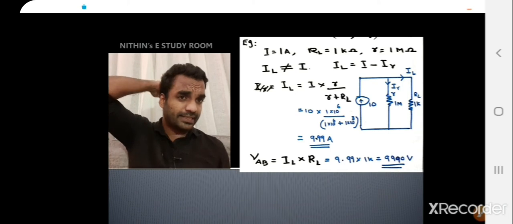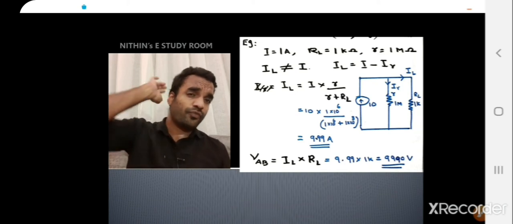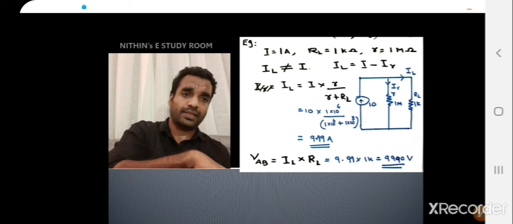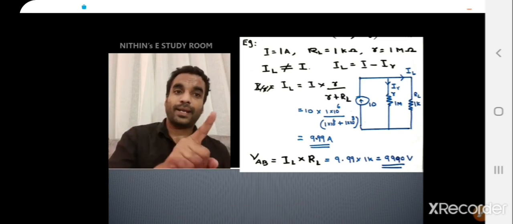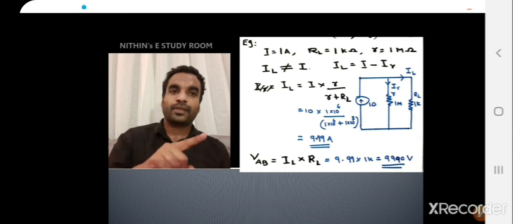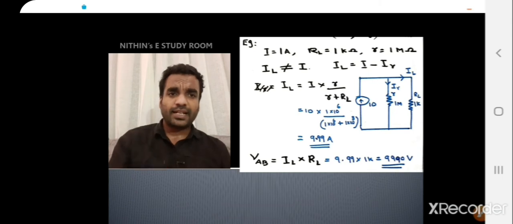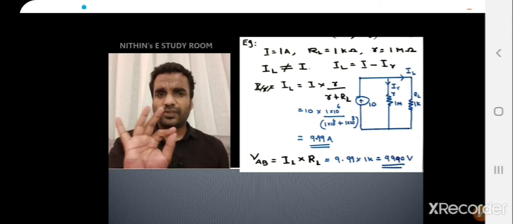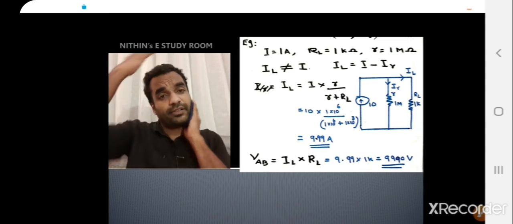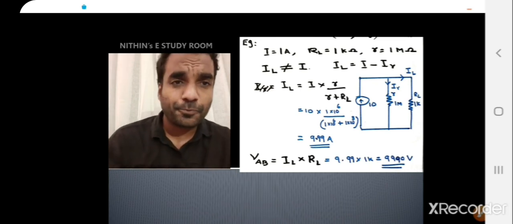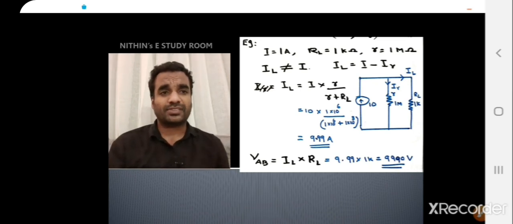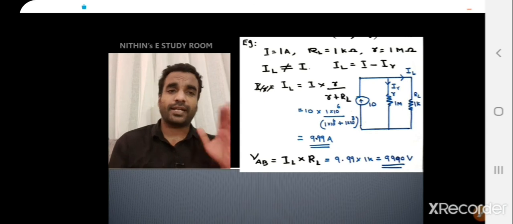The main current is 10 ampere, and you want to find the current passing through the load RL, so you take the opposite branch: 10 into 1 mega ohm divided by 1 mega ohm plus 1 kilo ohm. You can calculate that, it will give 9.99 ampere. So the current passing through the load, IL, is equal to 9.99 ampere.